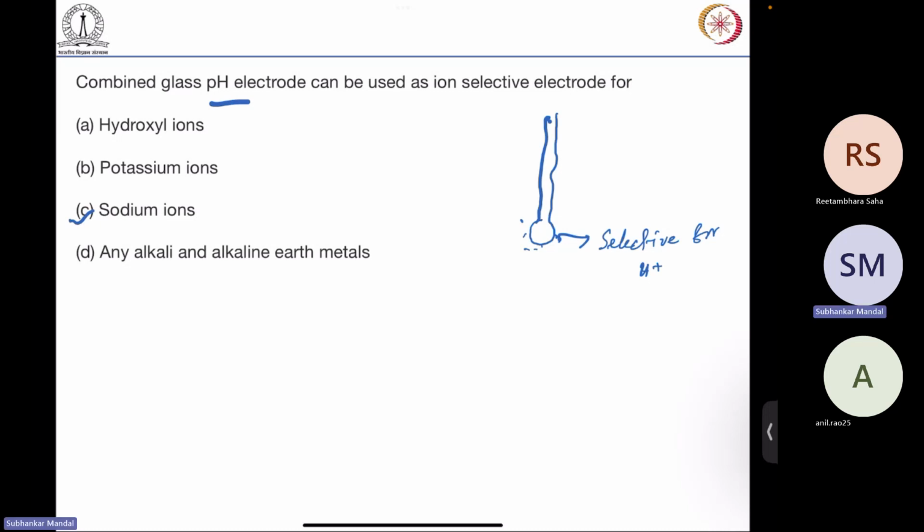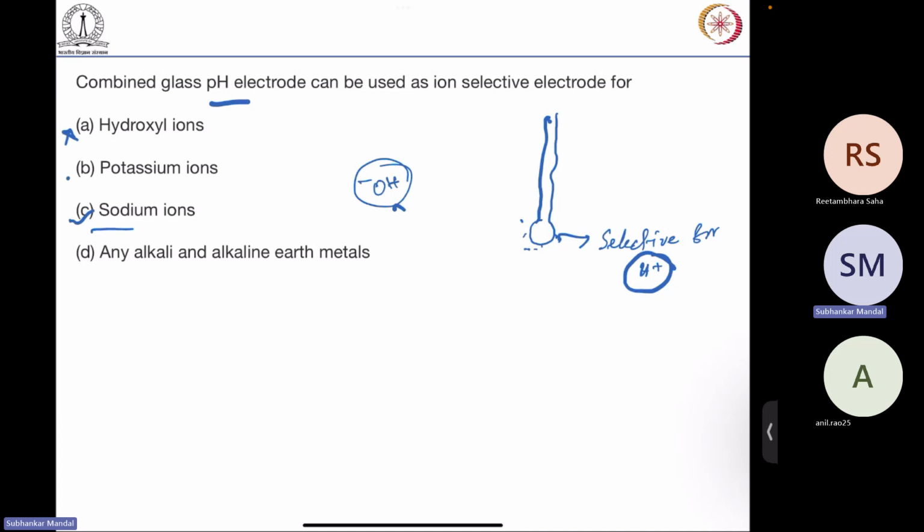So this ion selectivity depends on the size of the H plus ion. The H plus ion and the sodium ion are almost similar in size. Hydroxyl, OH minus, is much larger in size compared to H plus, so the hydroxyl ion will not work; that is confirmed.